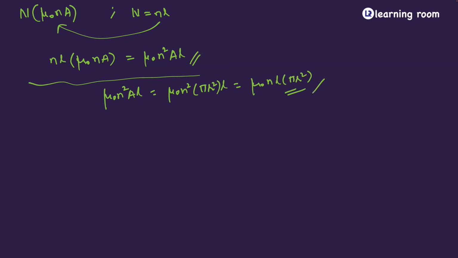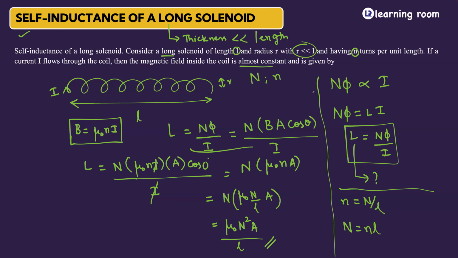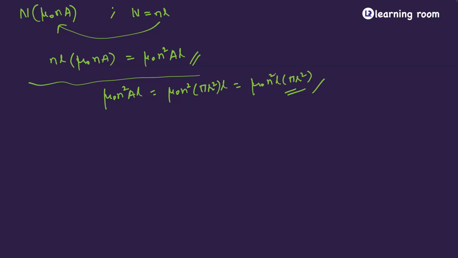So if you observe, the self-inductance of a solenoid itself can be represented in three ways. What are they? Mu naught capital N square A divided by L, or mu naught small n square A into L, or mu naught small n square L into pi r square. So let me write all the expressions here.